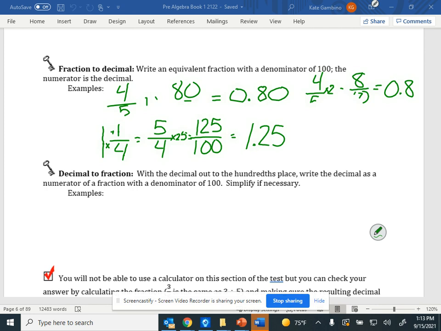We could also say, hey, what about if I take that whole number and I put it as my whole number, and then I just work with my fraction. So I have my 1/4 going to 100, I multiply it by 25, and I say it's 25 hundredths. So I put that after my decimal. Both ways, we get the same answer.